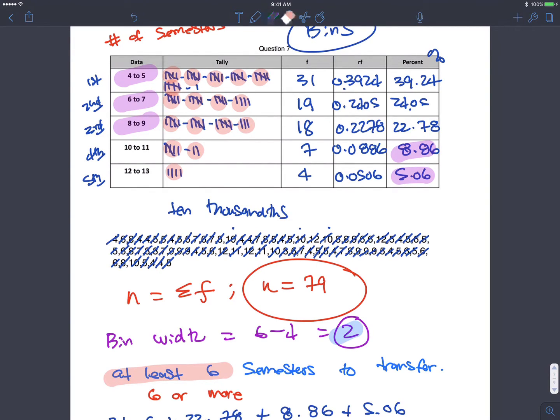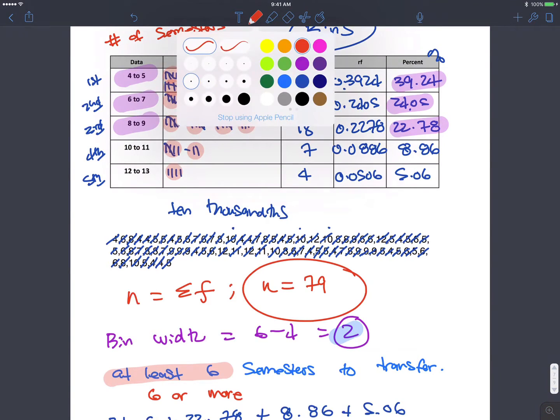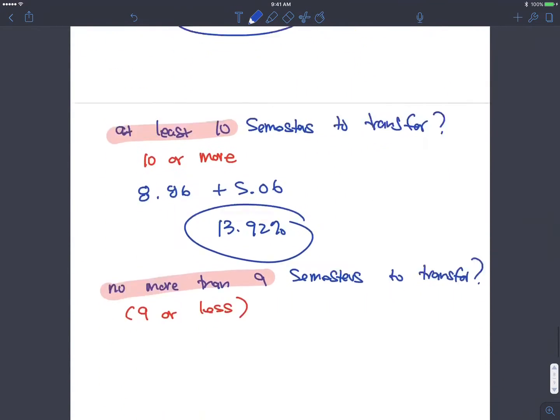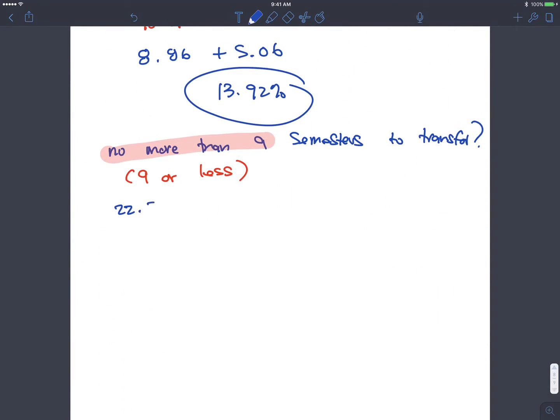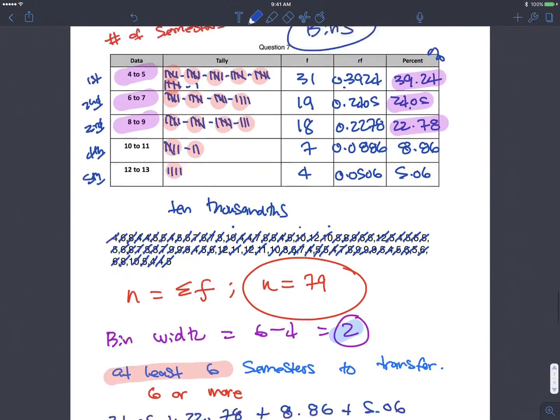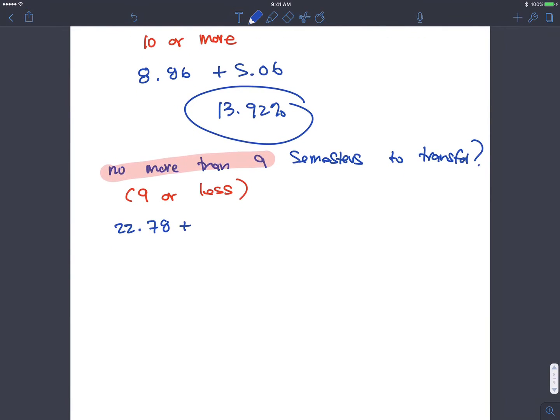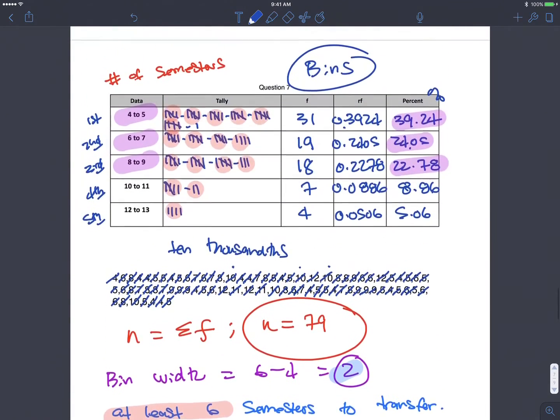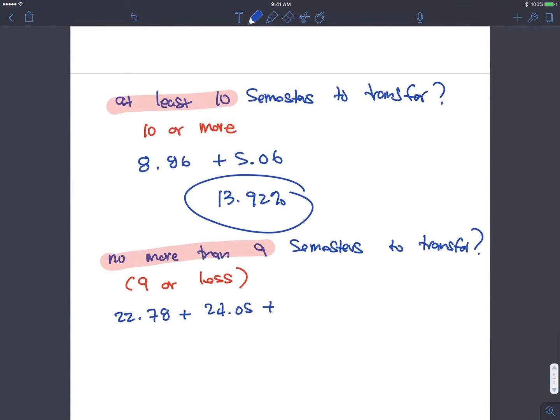Okay, let's highlight the associated percentages that hold data values that are 9 or less. So here's what we're going to get. 22.78 plus 24.05 plus 39.24.